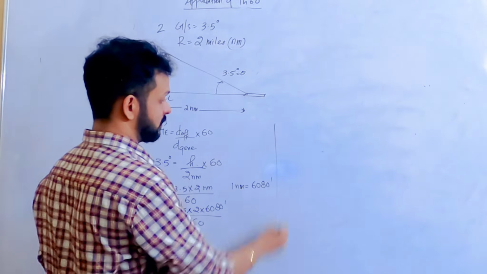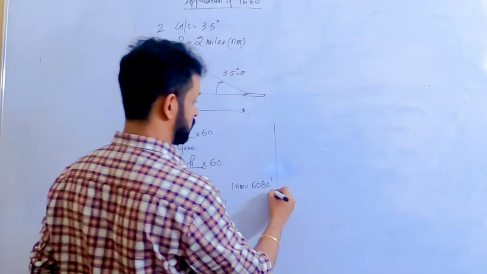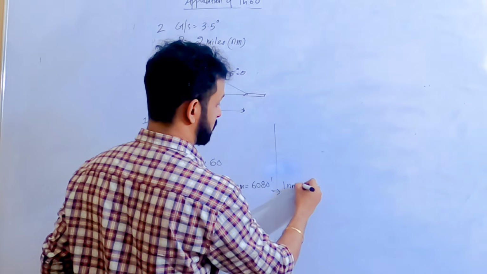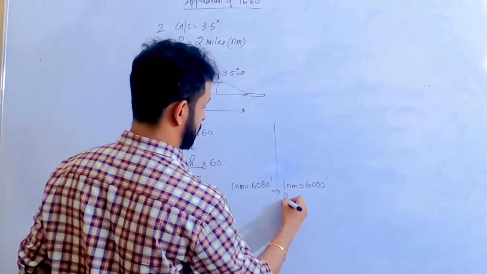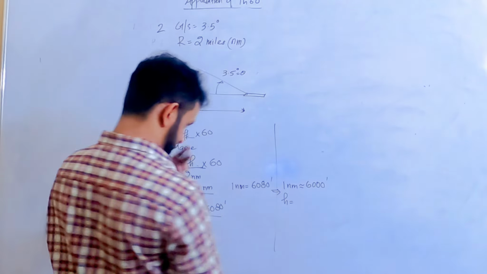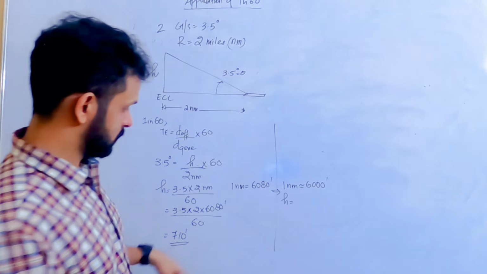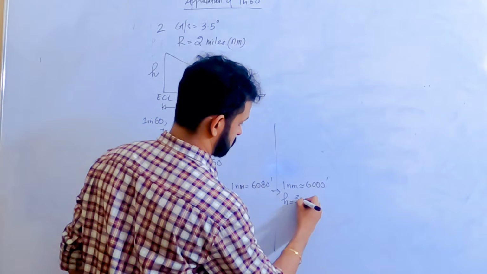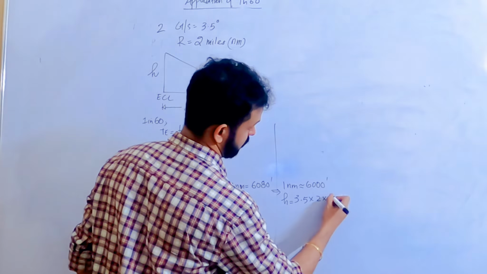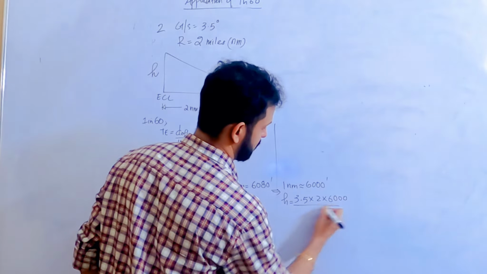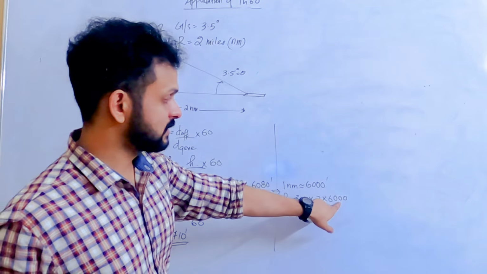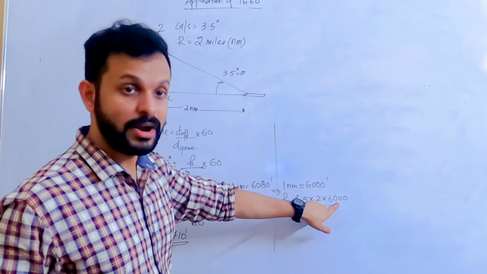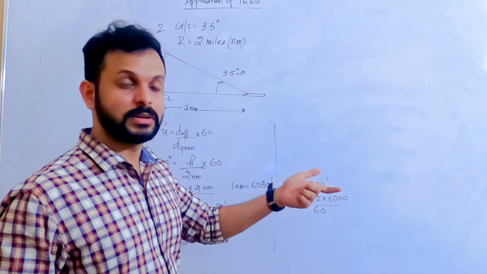Now let's find this using the approximation. If I use the approximation of 1 nautical mile is approximately 6,000 feet, what is going to be the answer? It will be 3.5 into 2 into 6,000 by 60. That's easy. 6,000 and 60 will reduce to 100, and that is the 100 which you multiply with the glide slope.